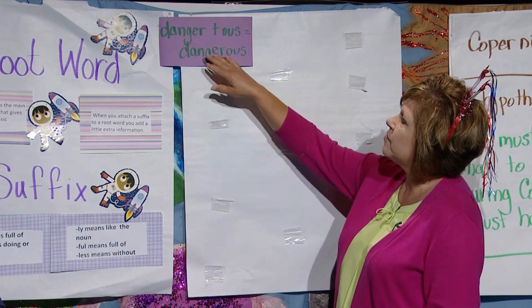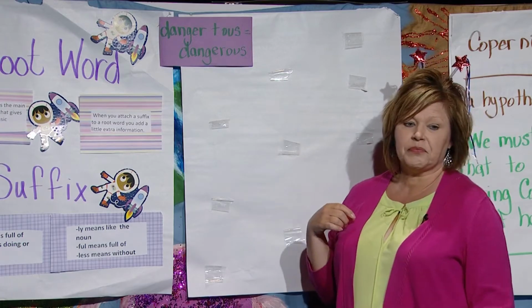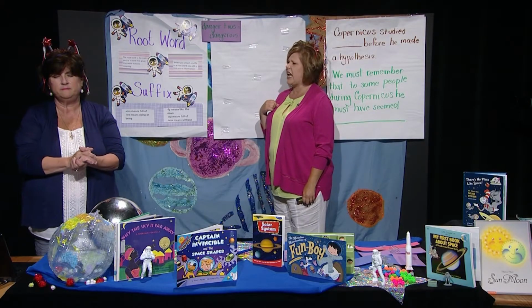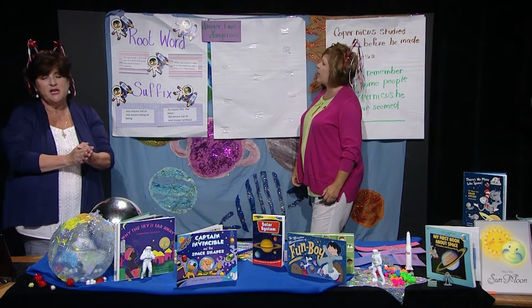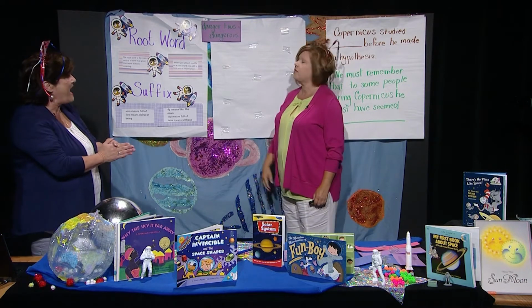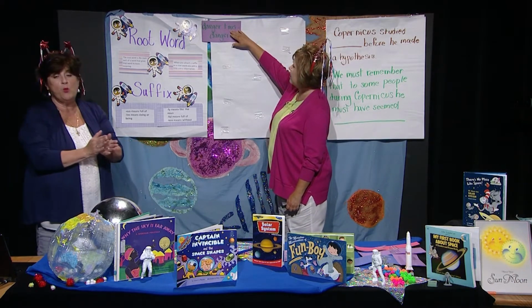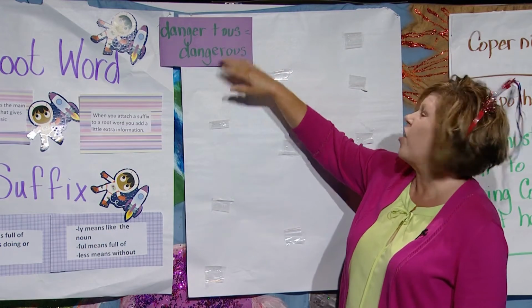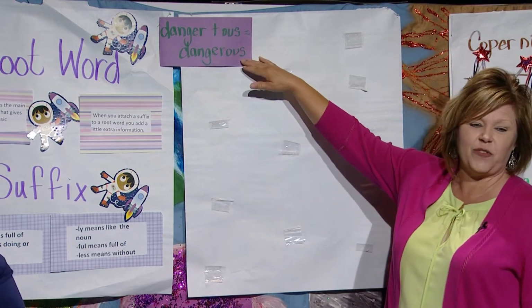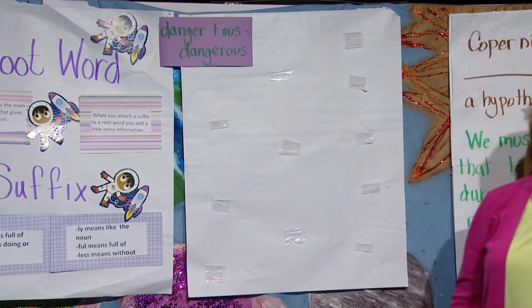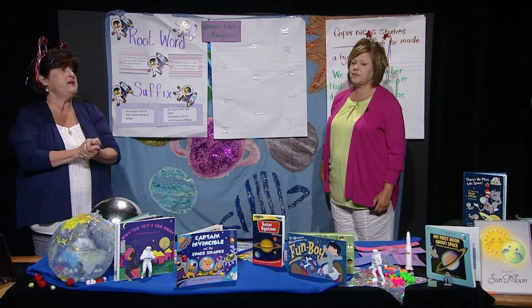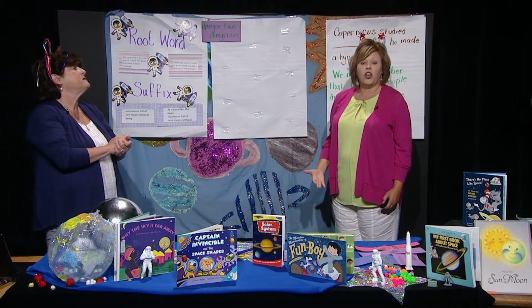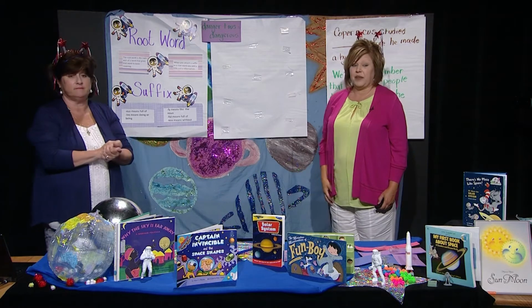Is danger a verb or a noun, Captain Melissa? It's a noun. Danger is a noun. So let's add OUS to it. And what is the new word? The new word is dangerous. Great job. Dangerous means full of chance that something bad's going to happen.